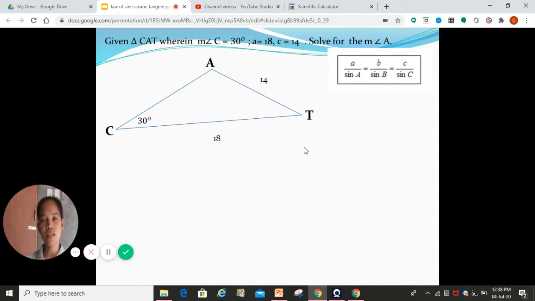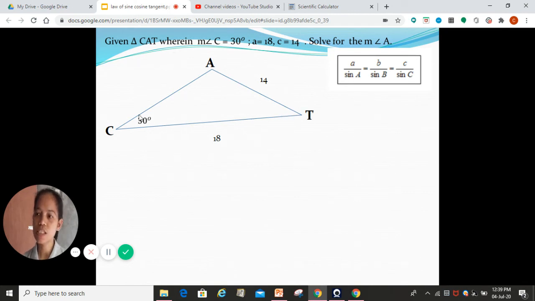We have said that in sine rule, we can use it if there are two given sides and a non-included angle. Now, looking at this, there is a side and another side, so we were really able to satisfy that first statement: given two sides and a non-included angle. 30 is a non-included angle. If this 30 is here, then we can say it's an included angle.